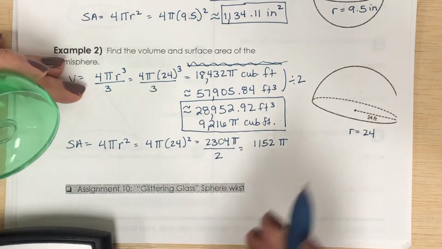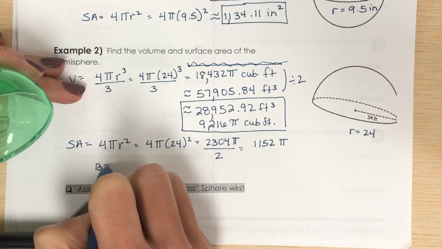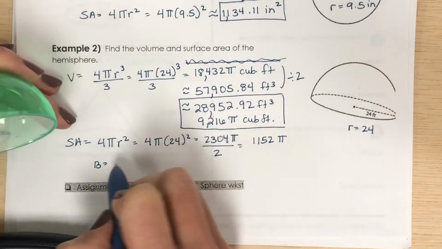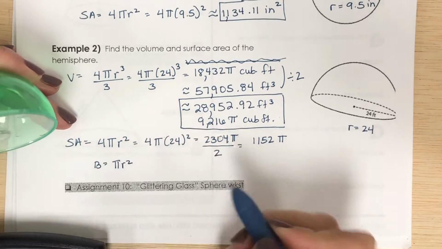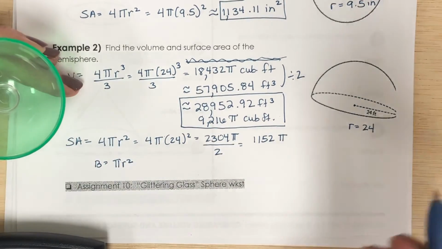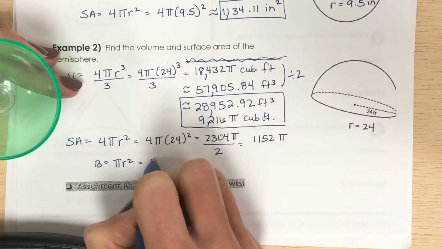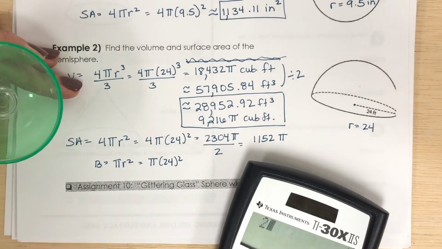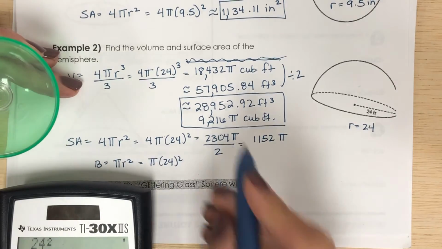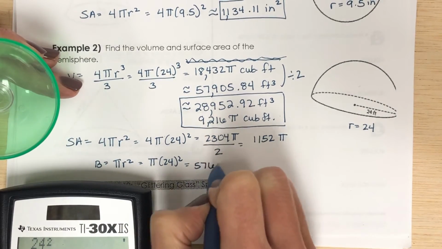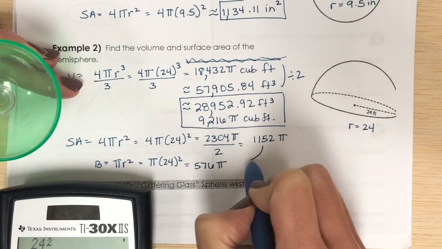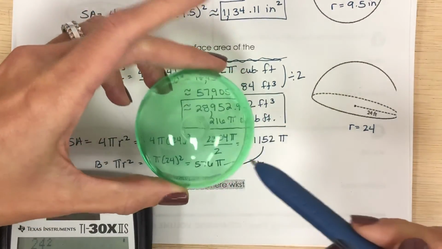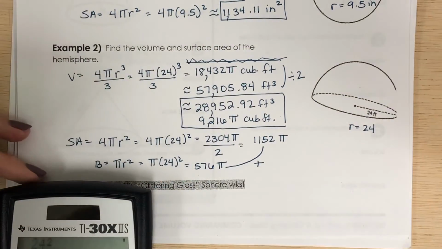And now I need to add in my base, this area right here. And that's just a circle. So pi r squared. And my radius is still 24, hasn't changed. So pi times 24 squared. 24 squared is 576 pi. I'm going to add these two together because here's 1152 pi and here's 576 pi.